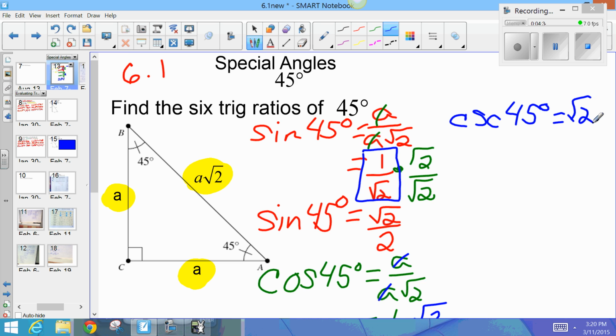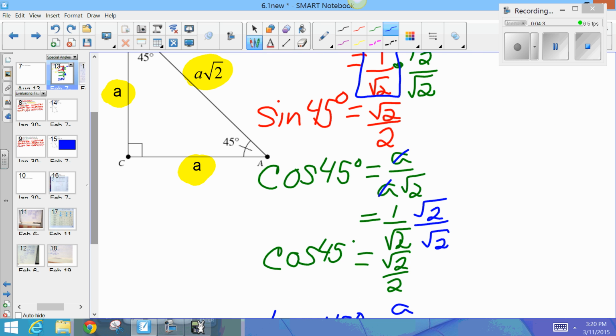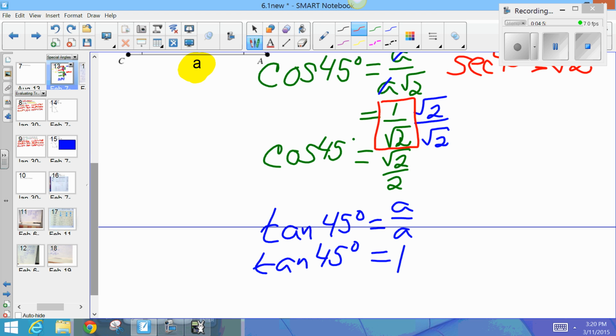The secant is the reciprocal of cosine, again the pre-rationalized 1 over the square root of 2, which is square root of 2. And the cotangent is the reciprocal of 1, which is 1. So no matter what size triangle it is, when you're finding the trig ratios of 45 degrees, they are always those values.